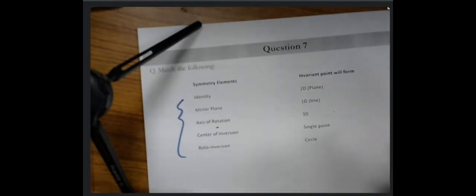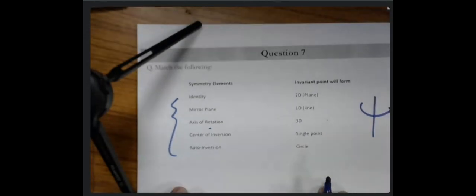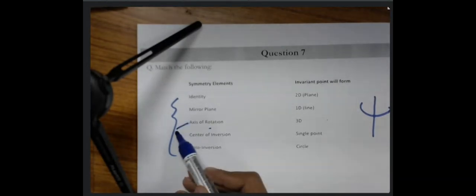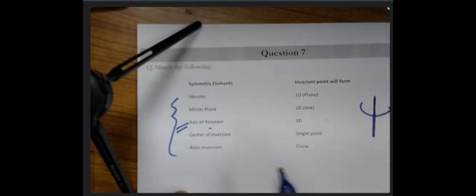For any rotation axis, if I rotate, all the points on this particular axis remain the same. They are not going to change, so they are invariant. So in the case of an axis of rotation, there is a 1D line which is invariant. So we can match with this.